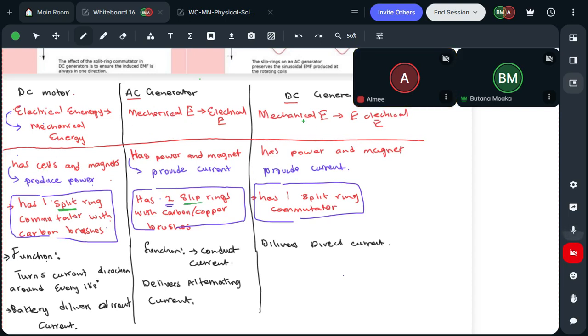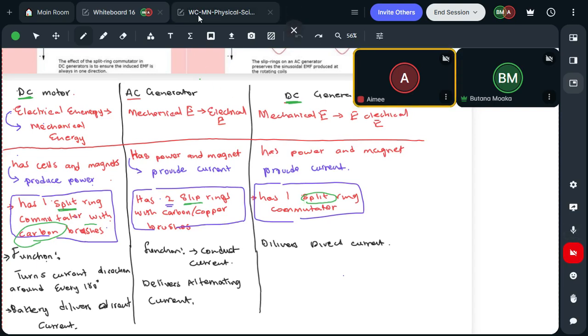But between a DC generator and a DC motor, both have a split ring. In a DC motor, the split ring is connected to carbon brushes, but in a DC generator, it's just a split ring only, no carbon brushes. That's how you see the difference.